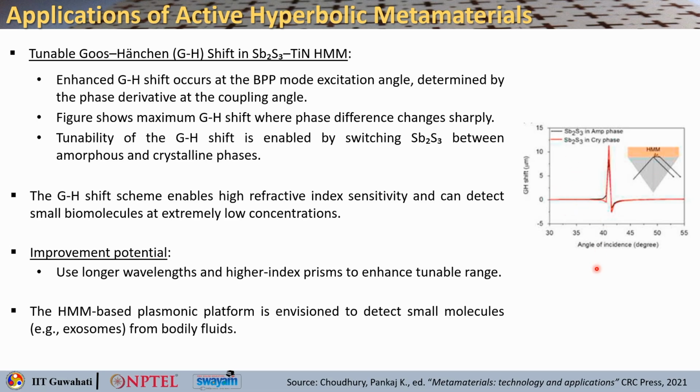You can also think of a hyperbolic metamaterial based plasmonic platform that can be used for detection of small molecules like exosomes from bodily fluid using this kind of mechanism. So, this tells you that you can also use active hyperbolic metamaterials for dynamically tunable systems.